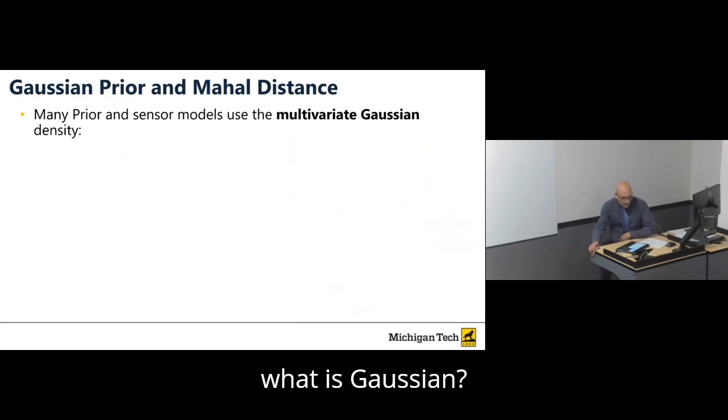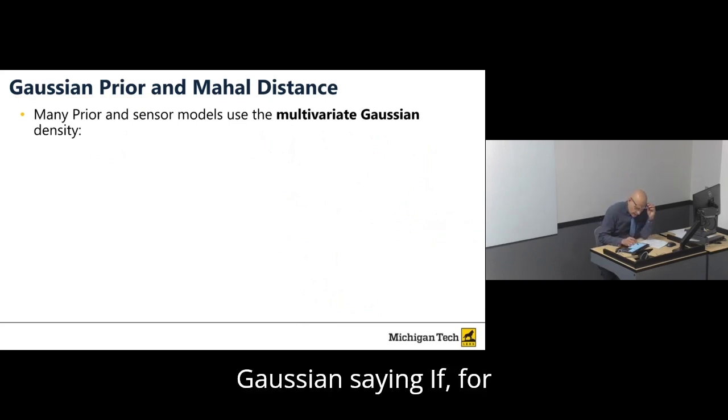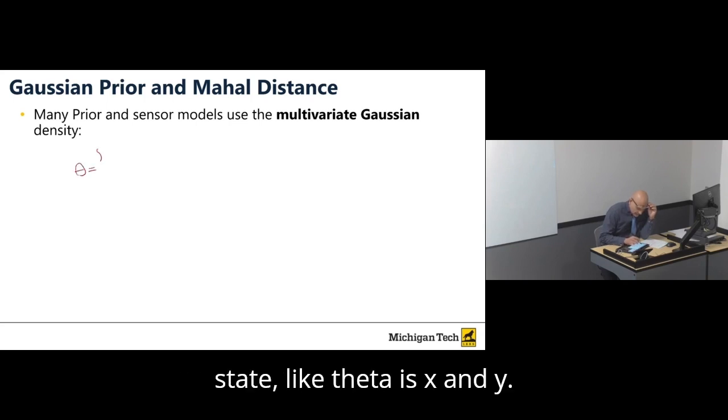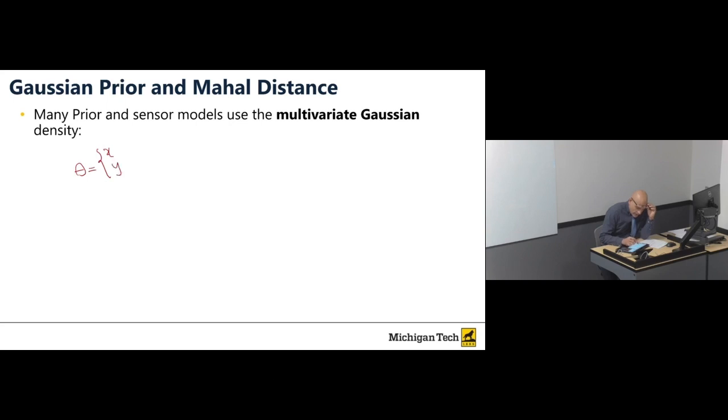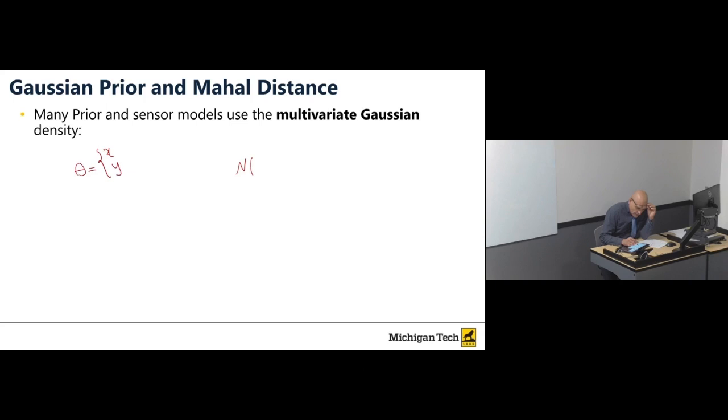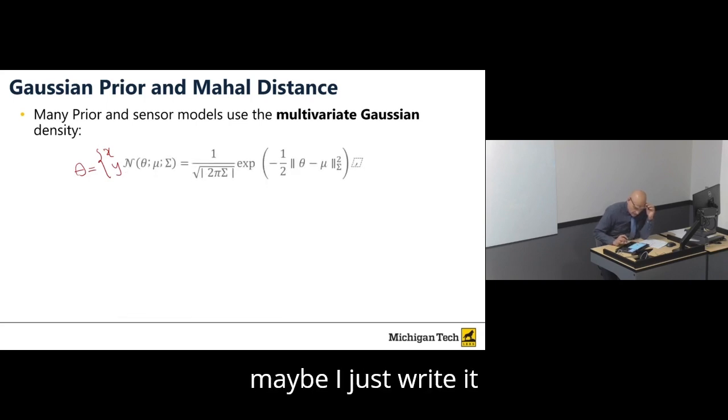So what is Gaussian? Consider theta as a state, like theta is x and y. If we say theta has Gaussian probability, maybe I just write it here.